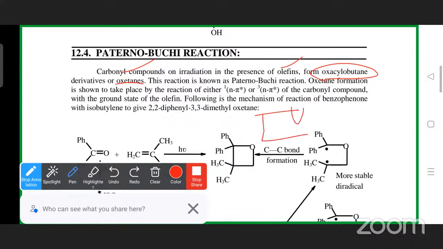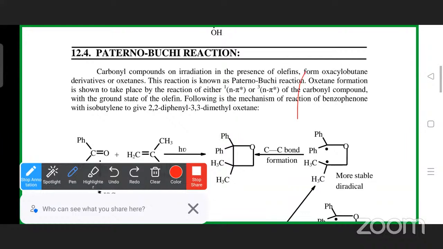This is oxetane, a four-membered, oxygen heteroatom containing ring, or you can say oxacyclobutane. This reaction is known as the Paterno-Büchi reaction, very very important here.